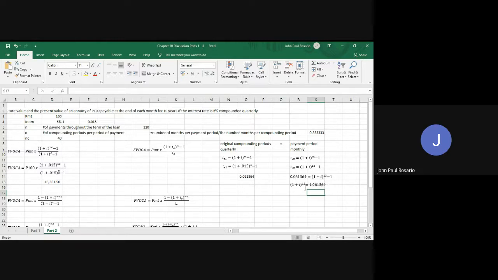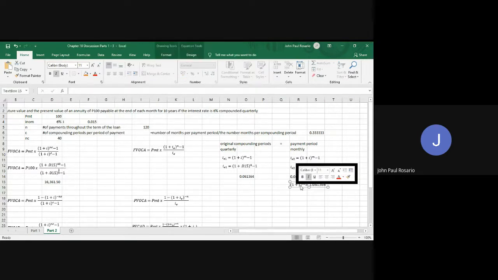Now our missing item here is our I. For us to get our I, we have to transfer our power of 12 to the other side, so it now becomes the 12th root of this one, and then we transfer our plus 1 to the other side, so that's minus 1.